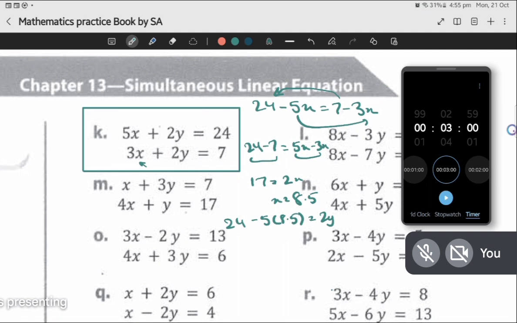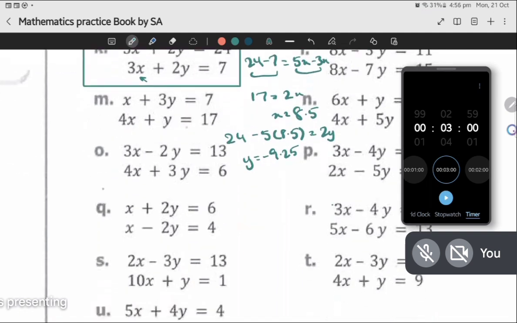Yeah, I'm doing it. Negative 9.25. Yep. So the value of y is minus 9.25. Perfect.